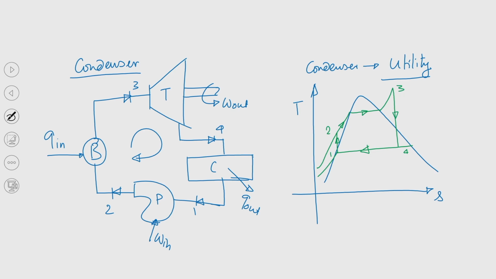The question is, the process 4-1 is the condensation process. So, this is the condenser pressure, P condenser. Okay. So, now you see that, as I told you, if I draw this, this area in the TS plane will essentially signify Q out.